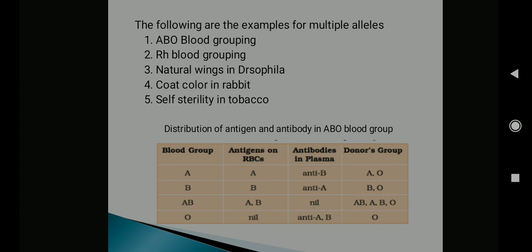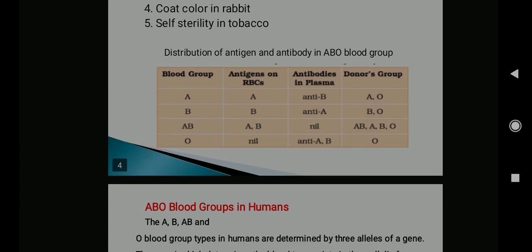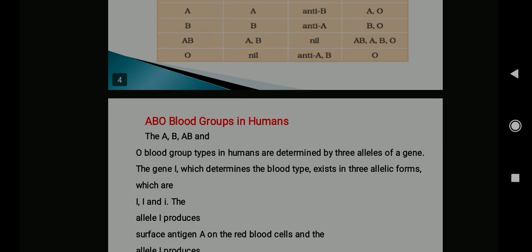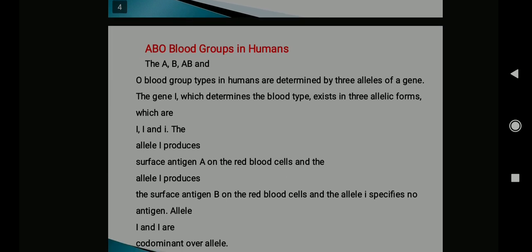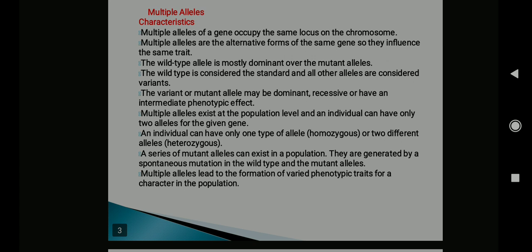O group persons have both antibody A and antibody B. So it is clear that antigen A cannot coexist with antibody A in any person. Similarly, antigen B cannot coexist with antibody B.